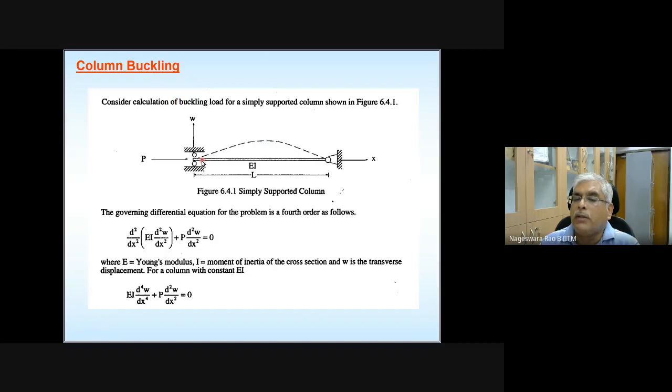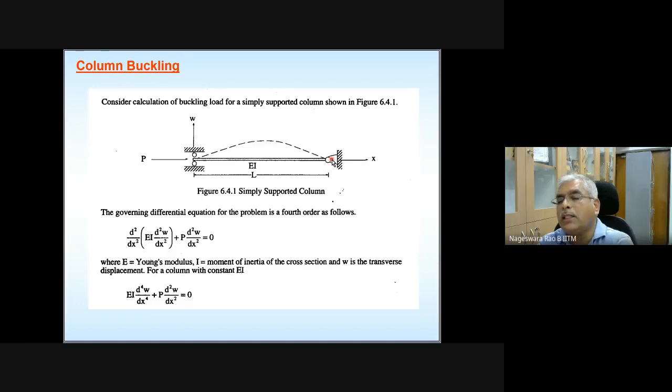Even though this member is shown as horizontal, if you want, you can rotate it, then it's going to be a column. Anyway, this is a column, a member which is subjected to load acting along its centroidal axis. And here this end is a hinge.